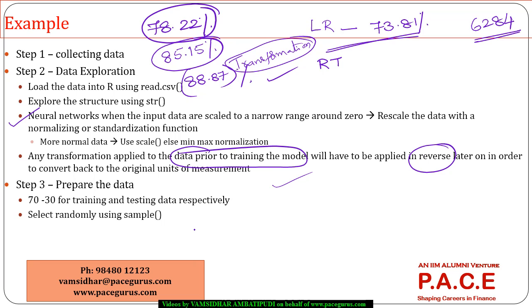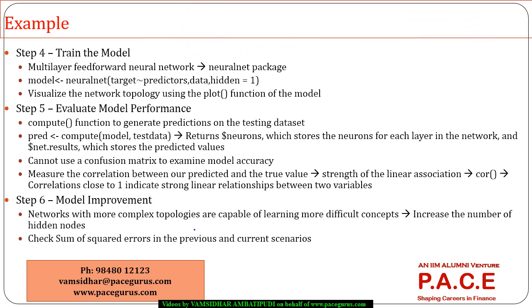Now it's time for me to apply the neural network to train the model. So we are talking about a multi-layer network. We are bringing in multi-layers, which means we have an input layer, hidden layer as well as the output layer.